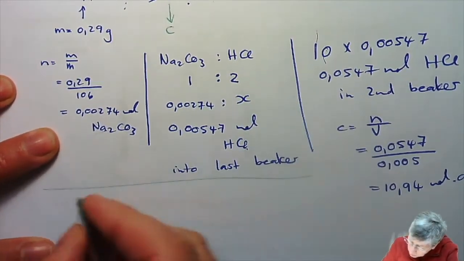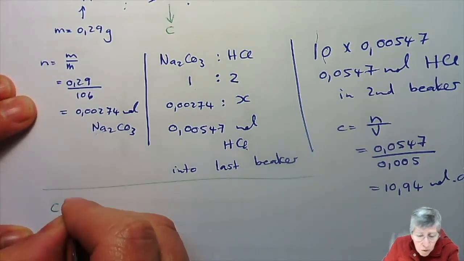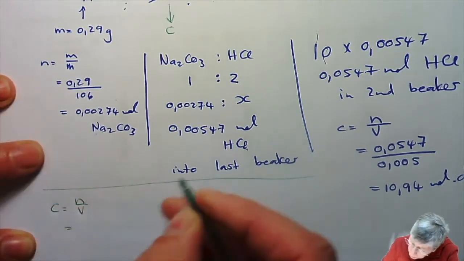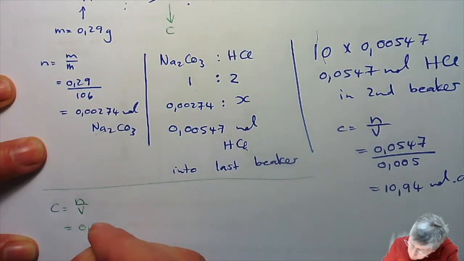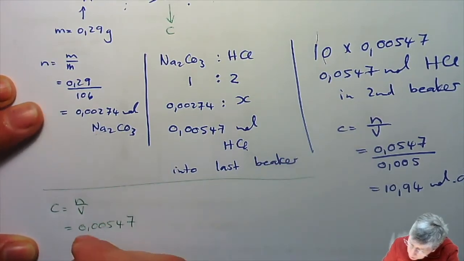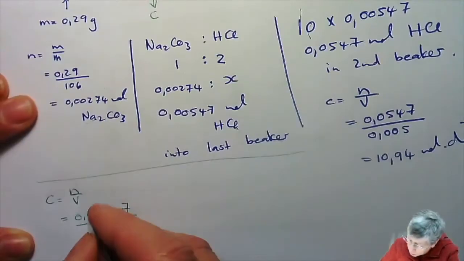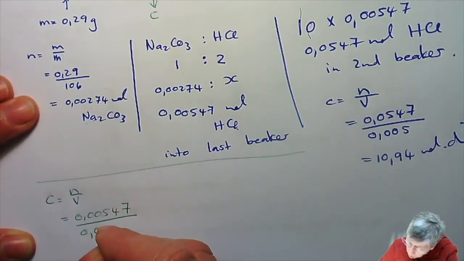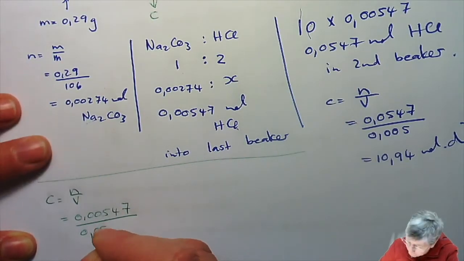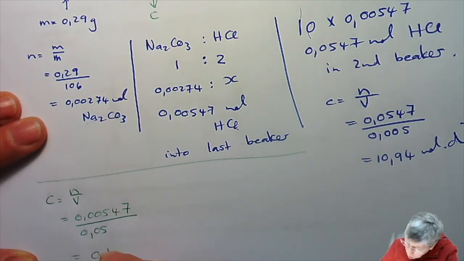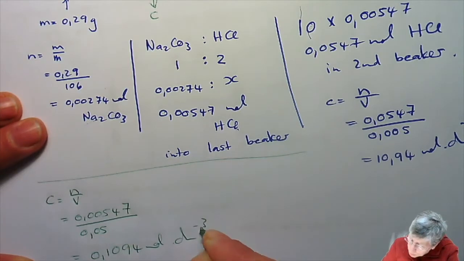So here you would have said C equals n over V. I've got my 0,00547. Now I am in the last beaker, so the volume I'm working with is 50 cubic centimeters, 0,05, and that will tell me I've got a 0,1094 mole per cubic decimeter.